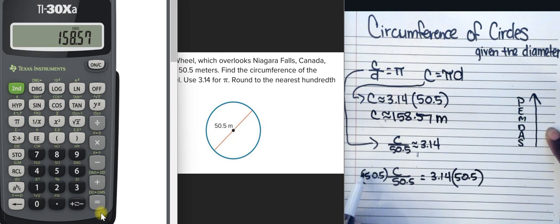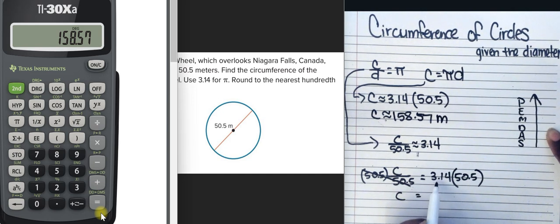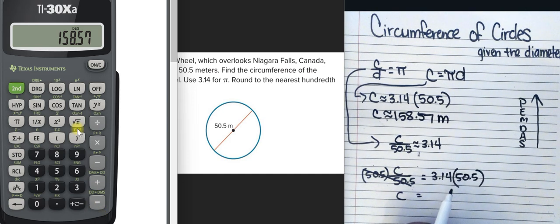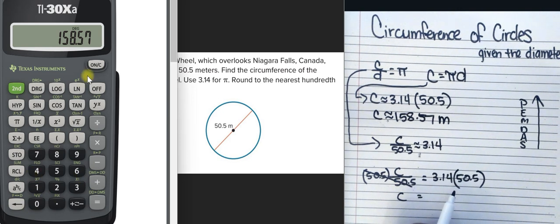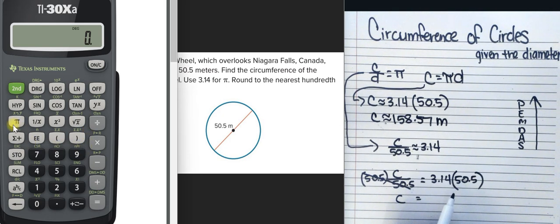So 50.5 divided by 50.5 cancels out. We're left with C is going to be equal to the value of 3.14 times 50.5. So we can plug in 3.14. But also, on most calculators, scientific calculators for sure, you'll see the pi button.